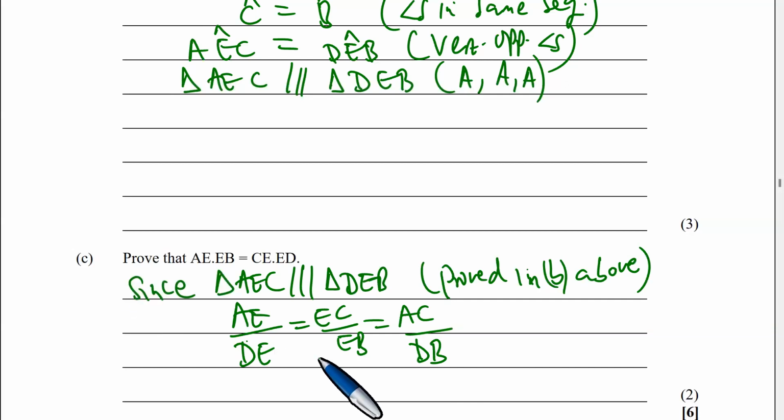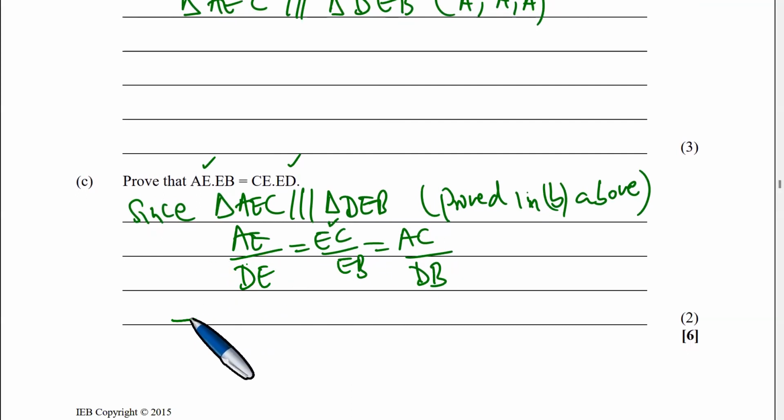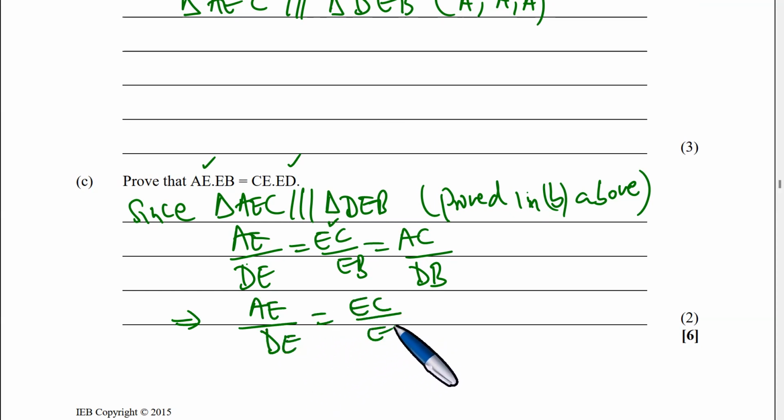So we're going to take the AE part, and we also have the DE at the bottom, but we also have EB and CE. So we're going to take the first and that. Normally I write everything so that we have AE over DE, which is EC over EB.